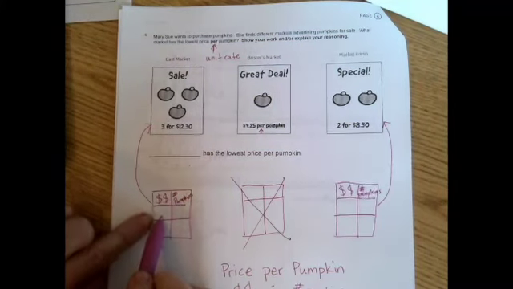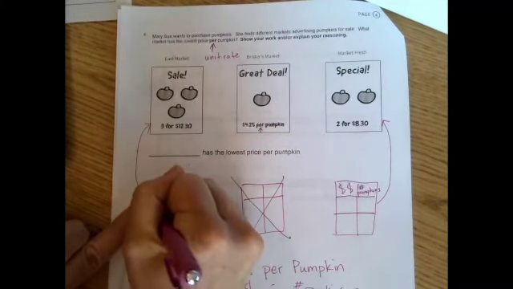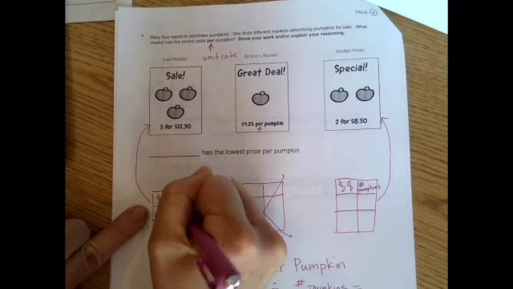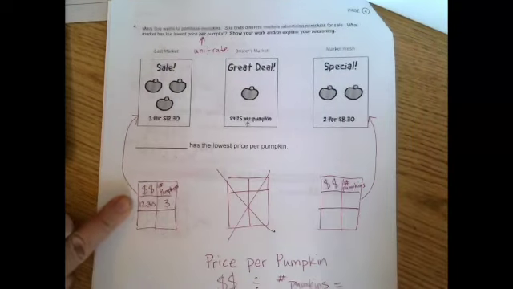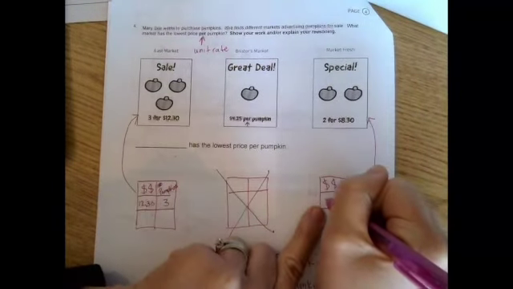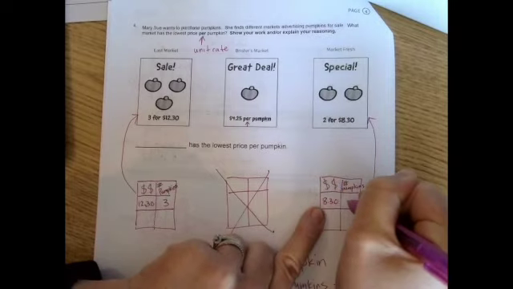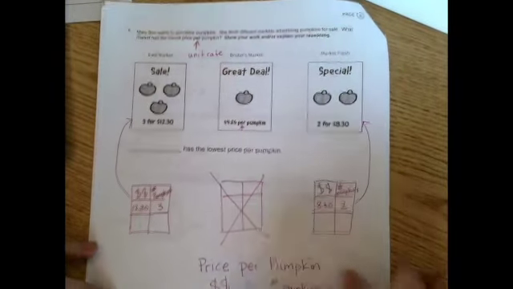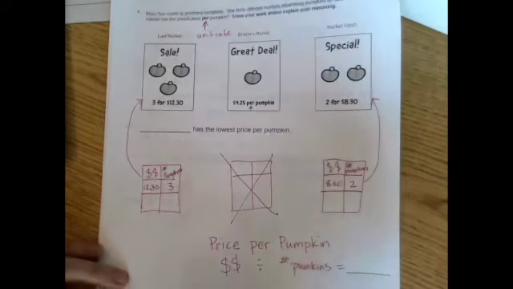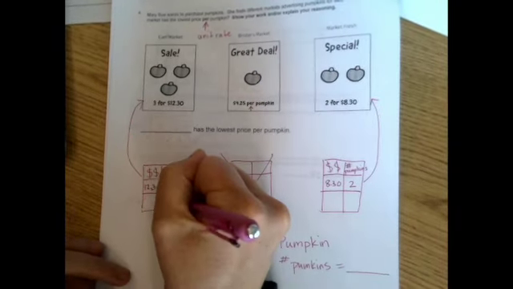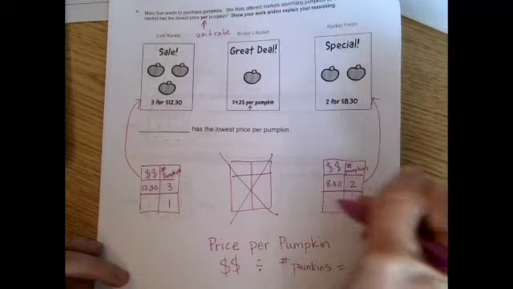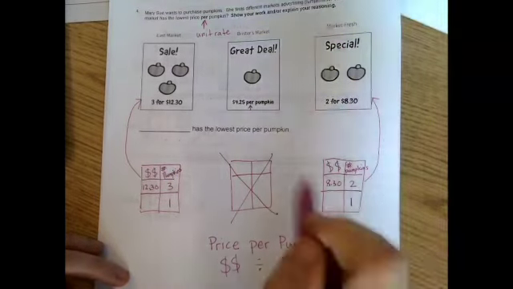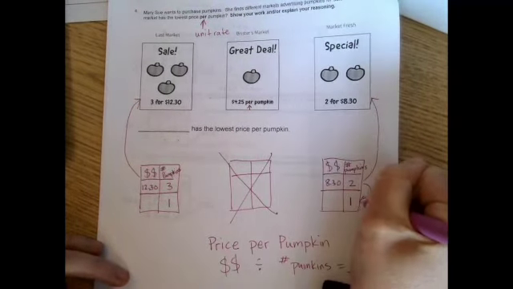So I'm going to go ahead and fill in my information. It is $12.30 for 3 pumpkins at East Market, and it is $8.30 for 2 pumpkins at the Market Fresh. So I'm going to go ahead and find my unit rates. I want to know for 1 pumpkin. How do I get from 2 to 1?